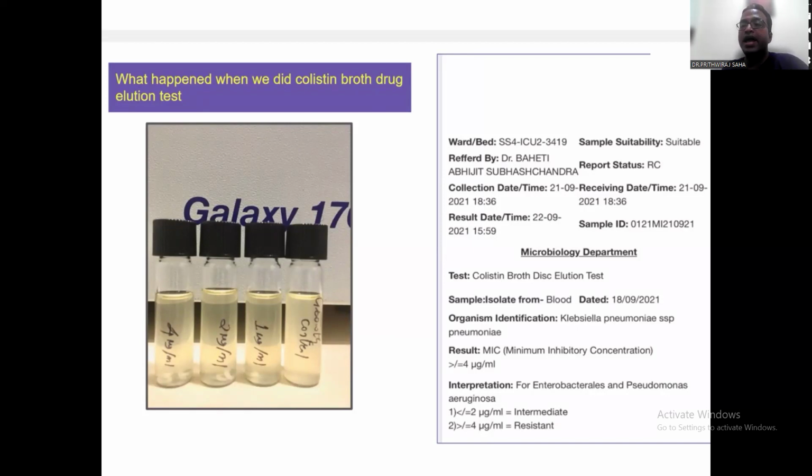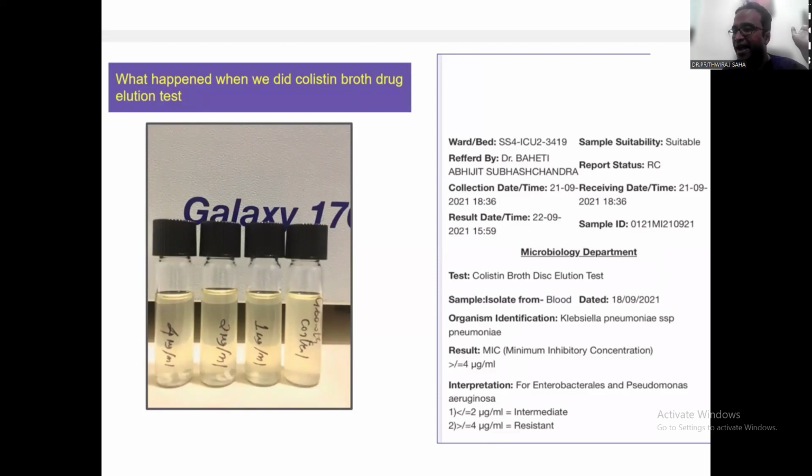When we go for MIC by Vitek 2, we can overestimate the organism to be intermediate or susceptible, right? What I mean is, you can get an MIC of 1 and it would be termed intermediate or susceptible. But if you test the same organism by a broth dilution test, you get a result of MIC 4.